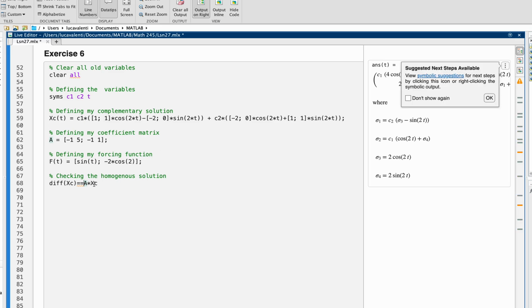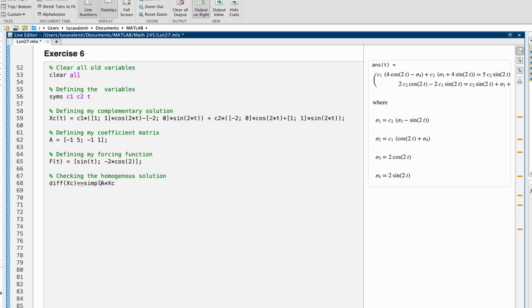Let's try to expand first and then simplify, and we'll do it to both sides. So here, expand, simplify.